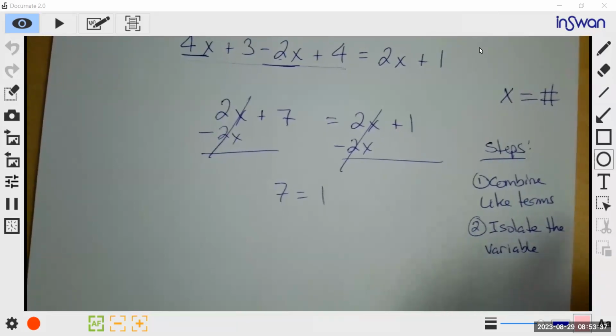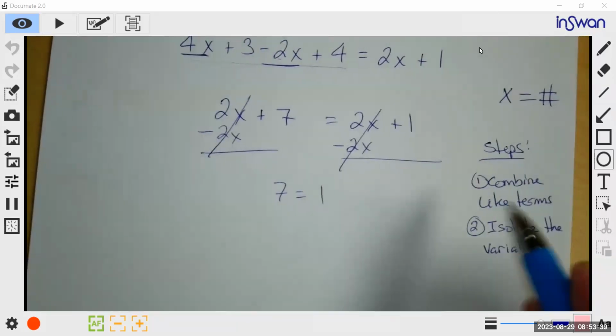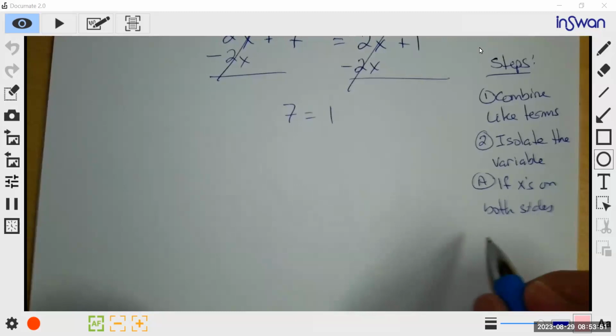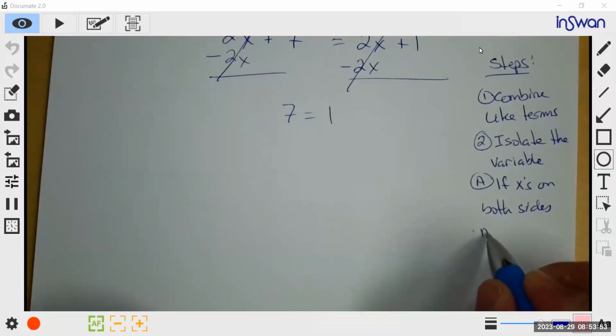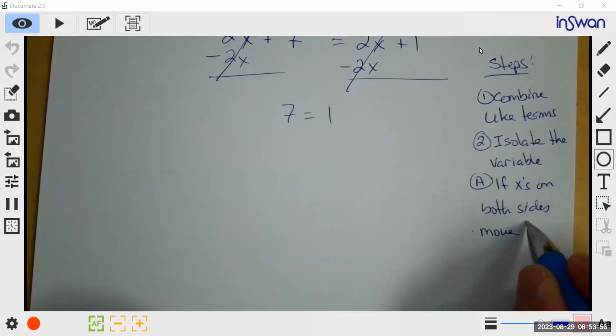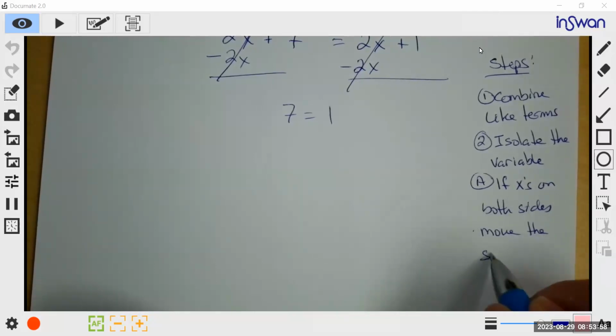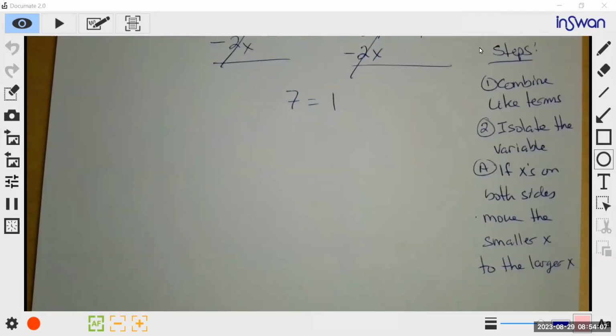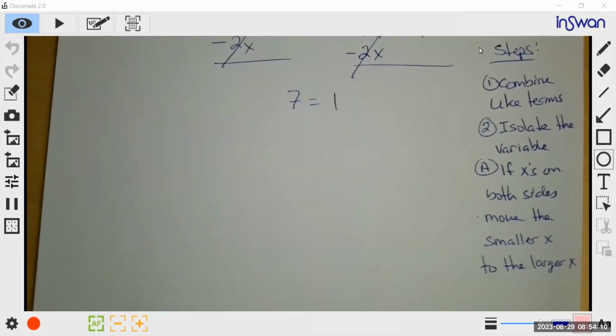Get it by itself. And since we have x's on both sides, if x is on both sides, move the smaller one to the larger. Always.